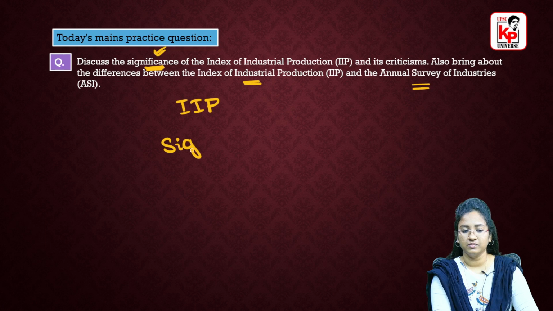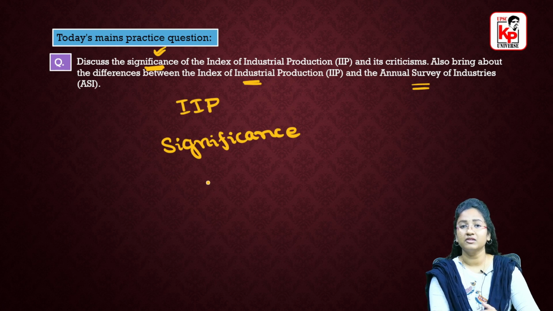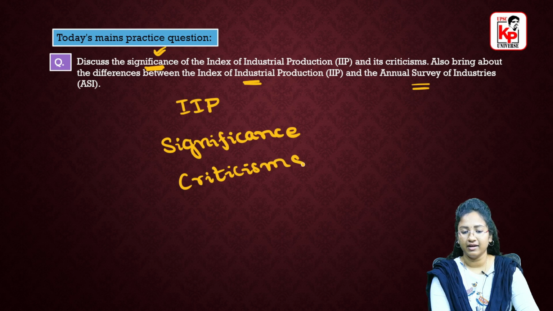and then you can move forward to the body of this particular question. You have to mention the significance or importance of IIP to our economy. Why are we calculating this IIP? How would it help our economy? In this way you have to mention all the significance or important points regarding this IIP, and then you have to also give some criticisms for this IIP.